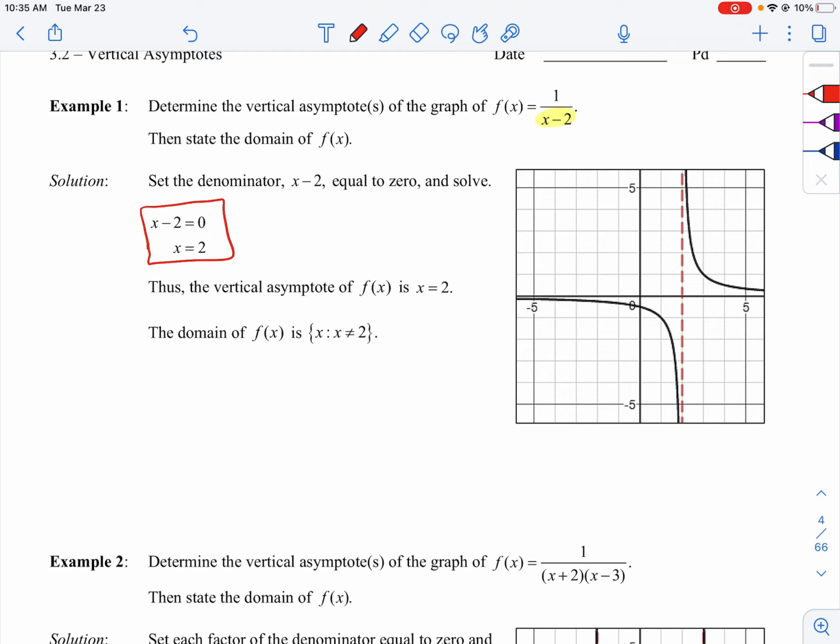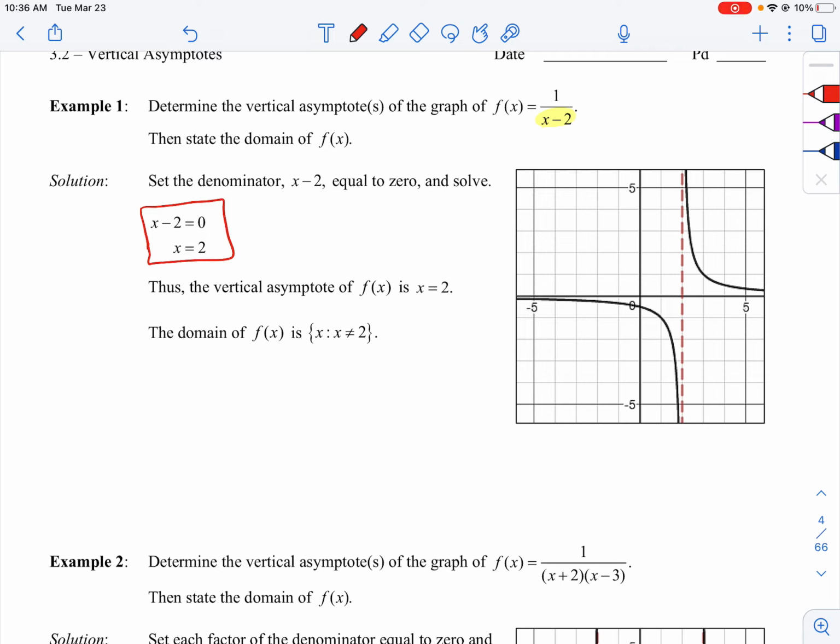Thus, our graph will not cross, will not touch x is equal to positive 2. Thus, the vertical asymptote of f of x is x is equal to 2. A line where the graph will not touch, will not cross.